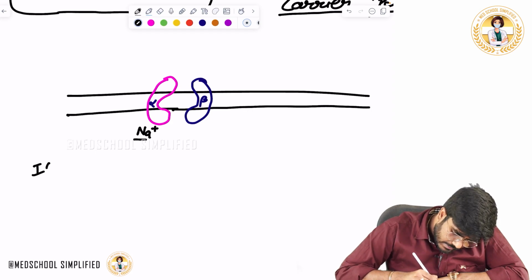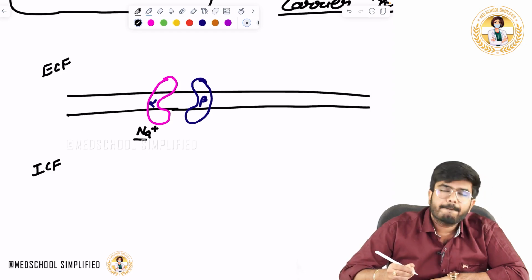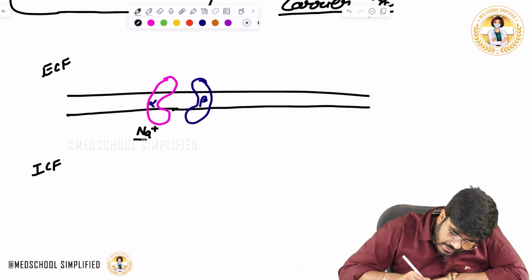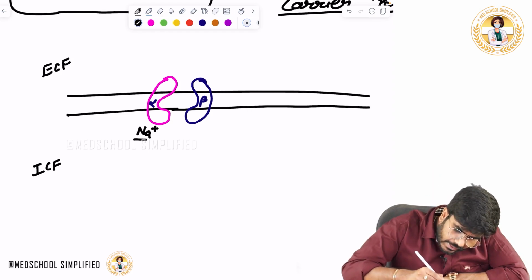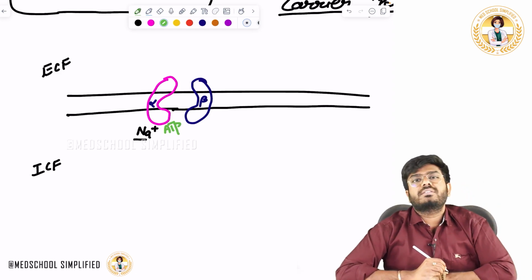This is the intracellular fluid, here is the extracellular fluid: inside the cell, outside the cell. On the same side, ATP also binds to the alpha subunit.